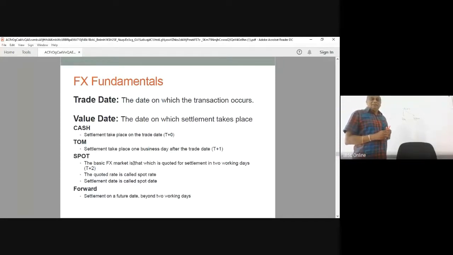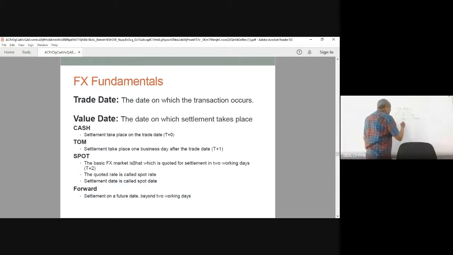Cash means valued same day as the transaction day. So if the transaction date is T plus 0, the transaction date is the cash date.